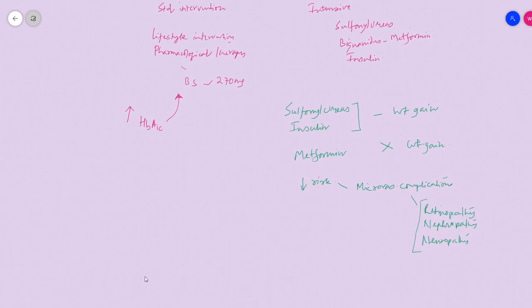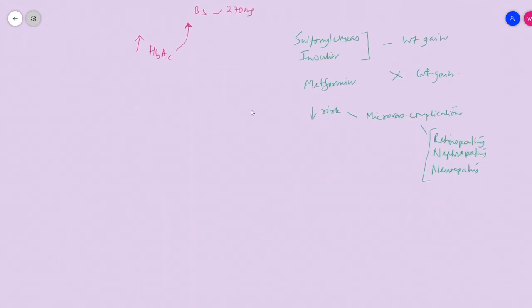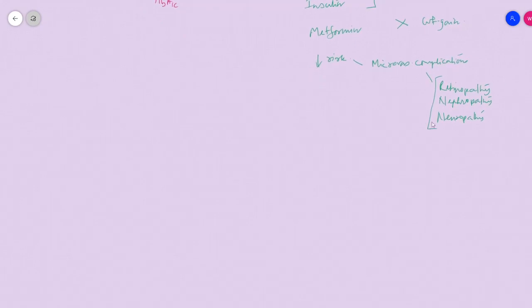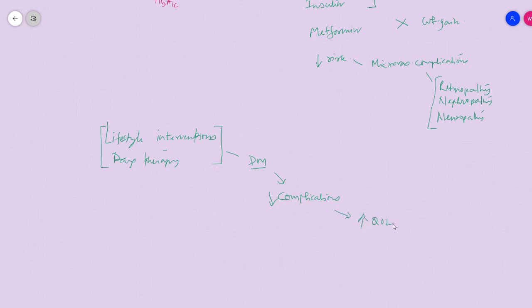From both these studies, what we understand is that lifestyle interventions and drug therapy are the two modalities for treatment of diabetes mellitus, and that can reduce complications, and that decrease in complications can increase the quality of life.